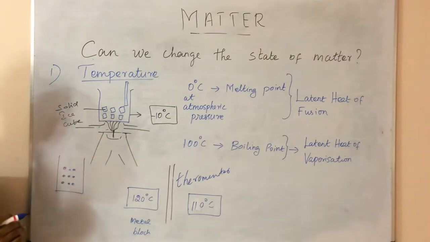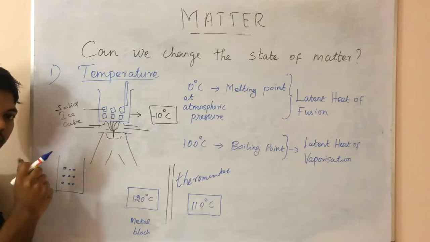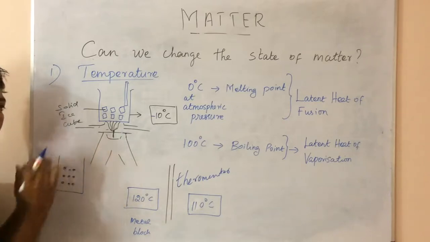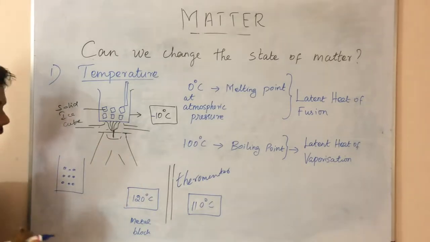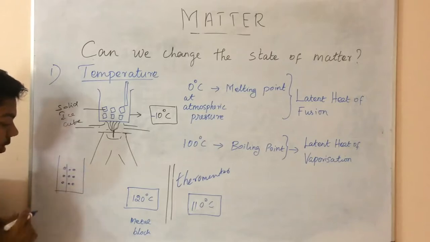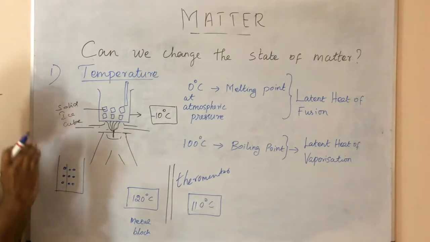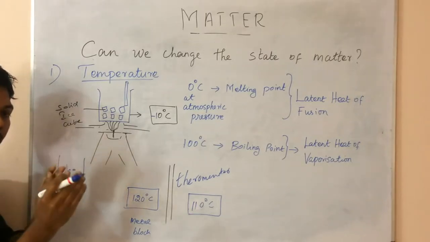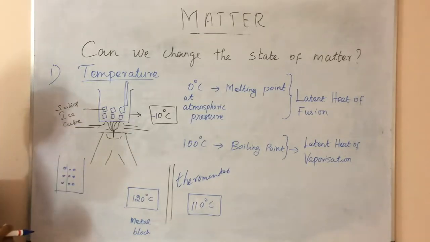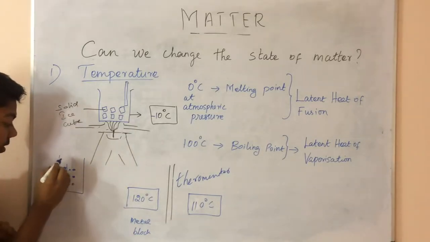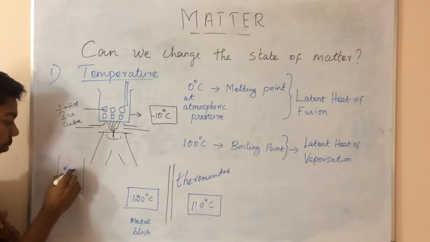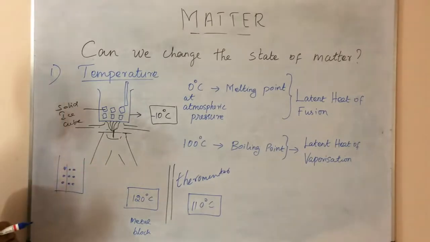After the heat addition, there will be a stage at which the force of attraction is overcome by the heat. This heat addition will break the force of attraction, so the force of attraction will be lesser than in the previous case. So, unlike the fixed state, the particles will now move more freely than in the solid state.